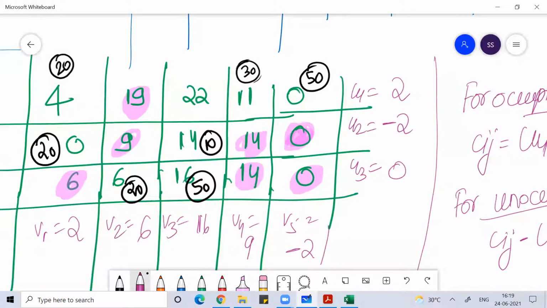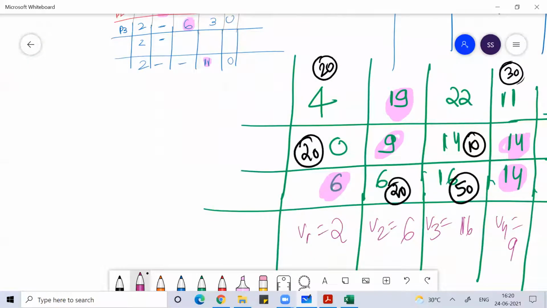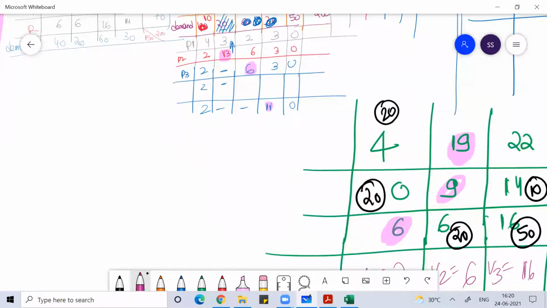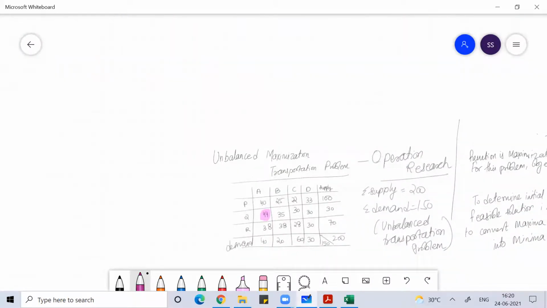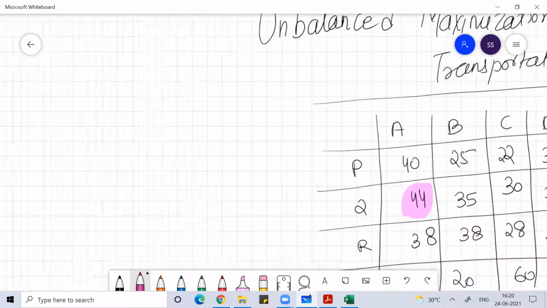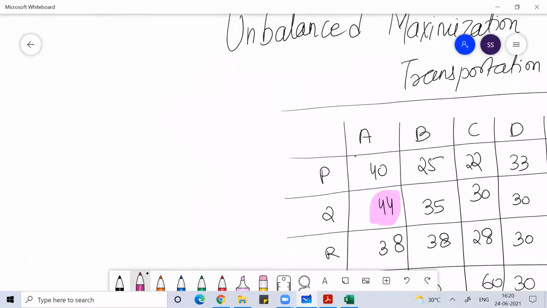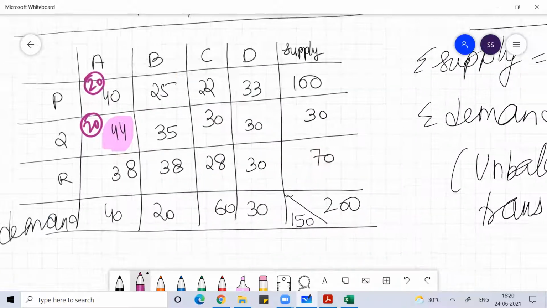So 420, 020, 420, 020. First column, the allocation is 20, 20. This should be 20.